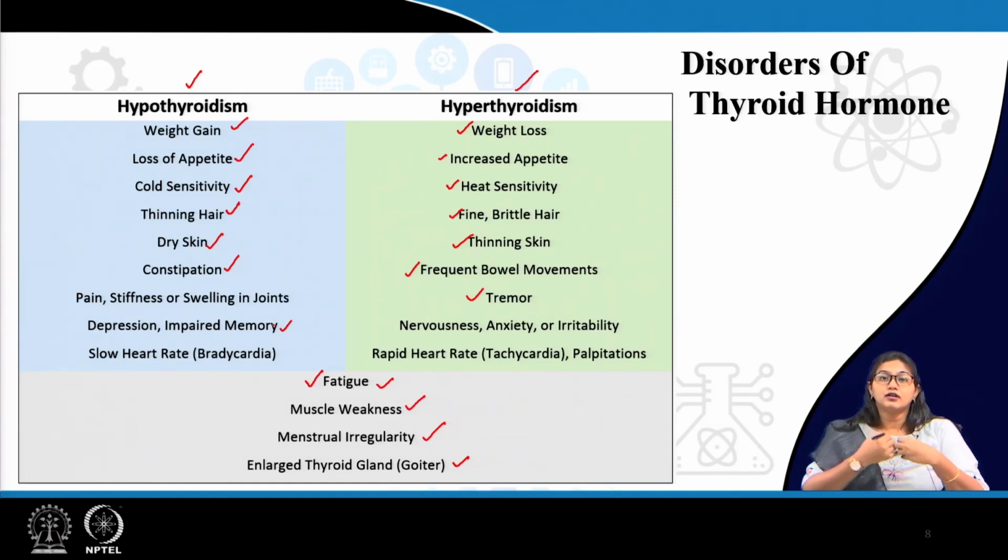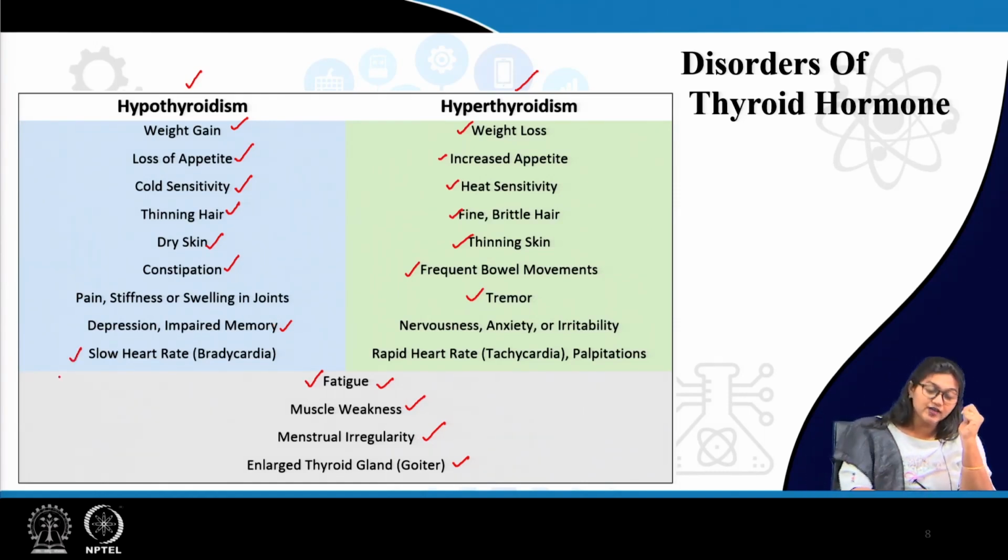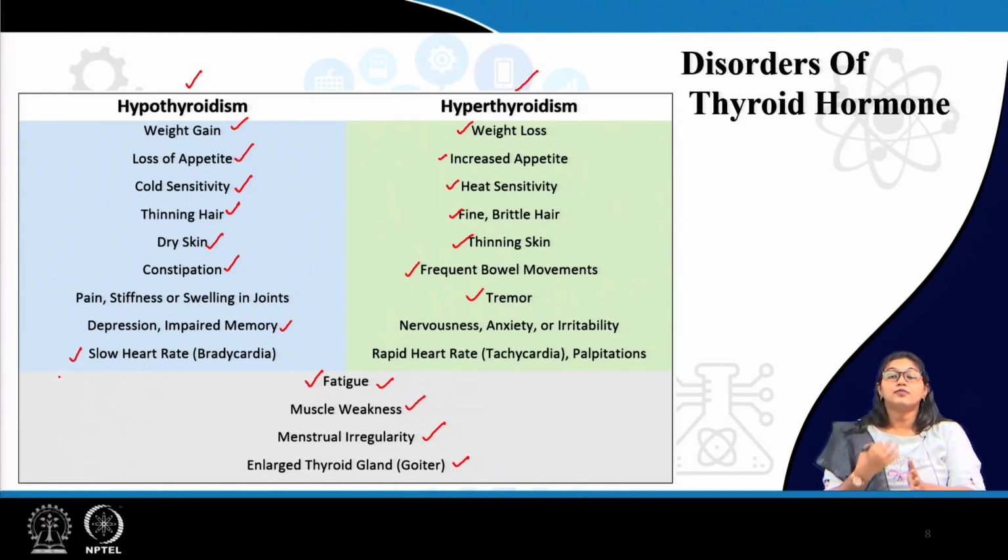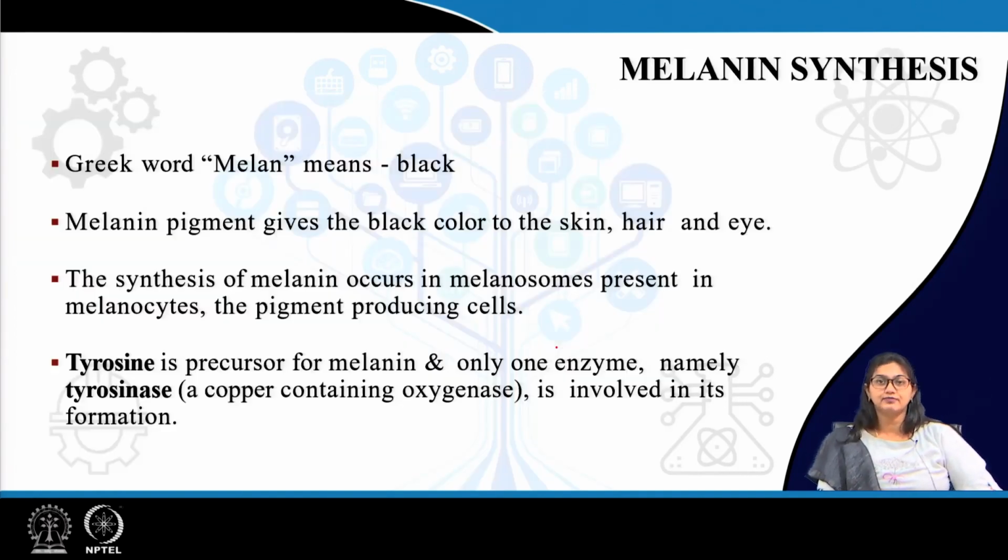Also in cardiac activity there is bradycardia or slow heart rate in hypothyroidism, whereas, because the basal metabolic rate is very high, there is rapid heart rate and palpitation in patients of hyperthyroidism. So, these are the gross details of thyroid hormone related disorders, hypo and hyperthyroidism.